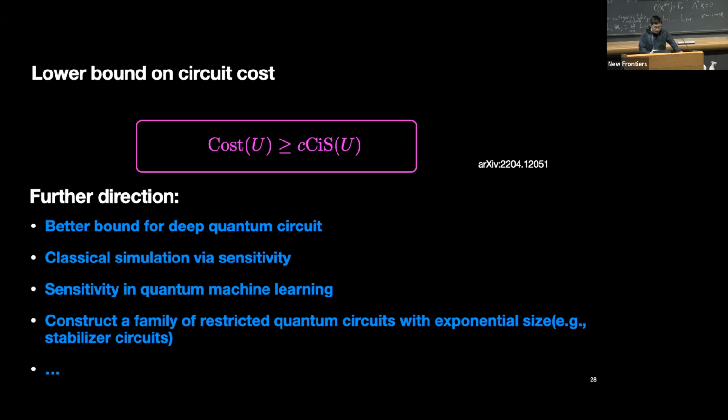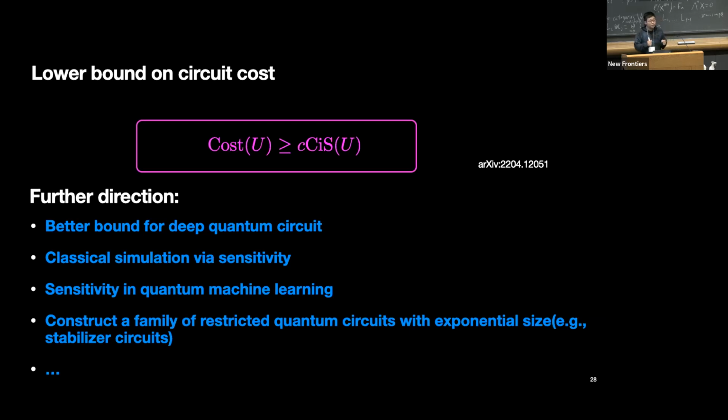And the last question is quite related to the open problem proposed by Michael Friedman in Monday's open problem session. Here we're considering how to construct a family of restricted quantum circuits with 2 to the power of n basic gates. For example, we consider stabilizer circuits.